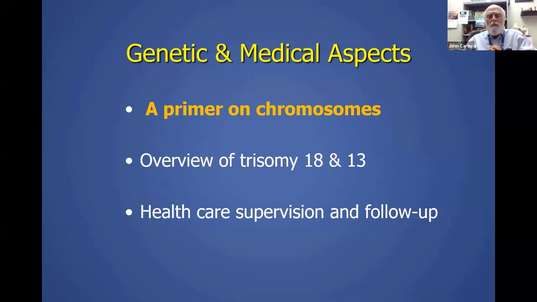I'll spend a very brief amount of time on an overview of trisomy 18 and 13, because there are other talks about that, but I do want to say a few words to make sure we're all on the same page. I close with a checklist for routine healthcare supervision and follow-up by specialists and primary care practitioners for individuals, children and adults with trisomy 13 and trisomy 18.